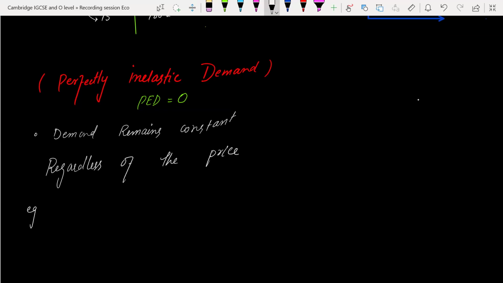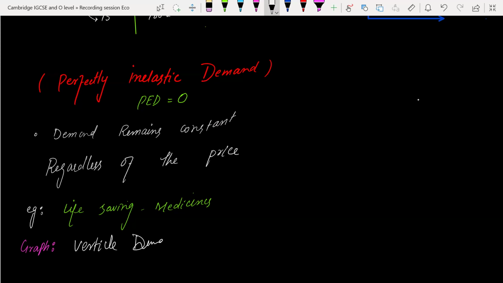Example, life-saving medicines, and the graph will be a vertical demand curve.